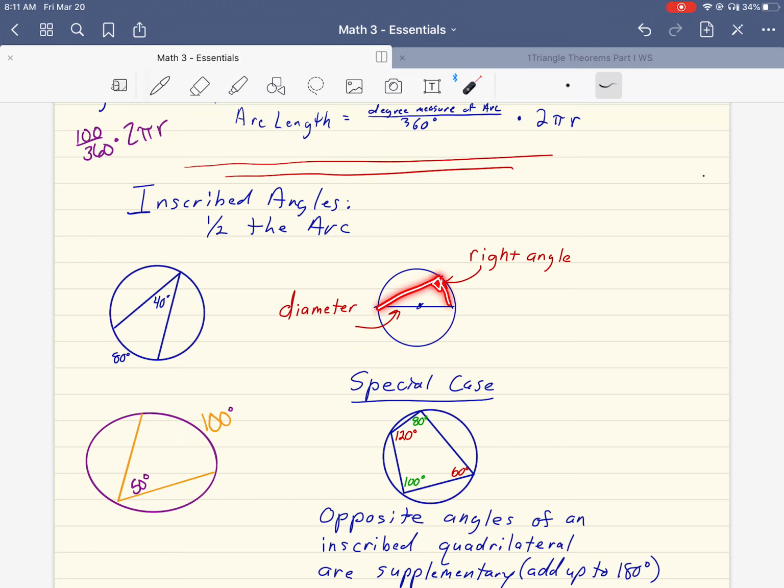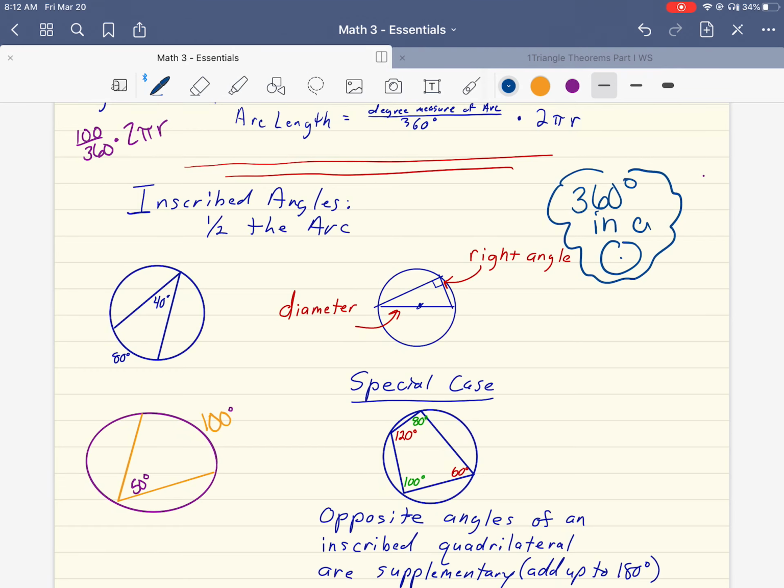This is a formula that I don't always necessarily remember. Okay, but if you think about it, this is 90 degrees, so the arc it creates has to be twice that. So twice of 90 is 180. Remember, and if you don't, make sure you put a note on it. There are 360 degrees in a circle. Make sure you know that.